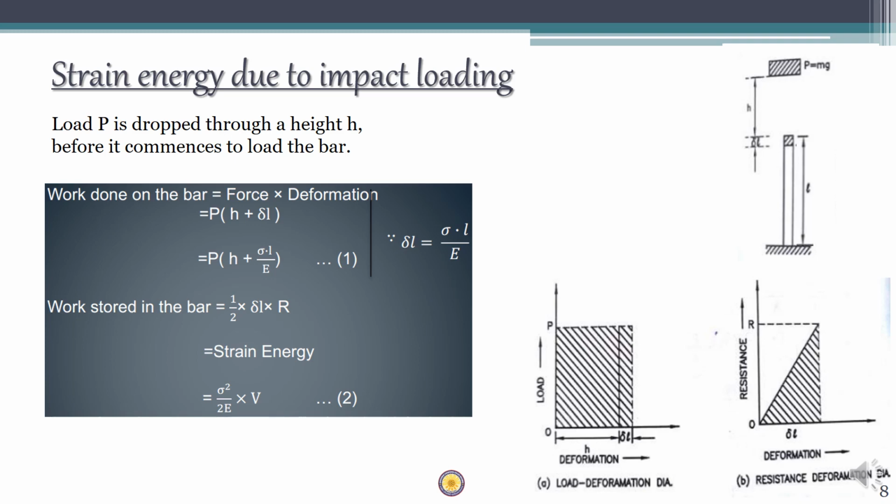Here we have a cantilever bar of length L, and from above a body of mass M falls through a height of h. The body has a weight of m into g, which is denoted by P. It falls through a distance of h, which means that there is some energy obtained by the body before it hits the bar.